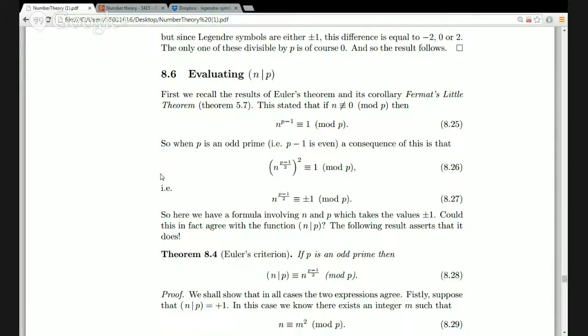So the quadratic residues do indeed, when you raise them to the power p minus 1 over 2, give you 1, plus 1. So the result is true whenever n is a quadratic residue.